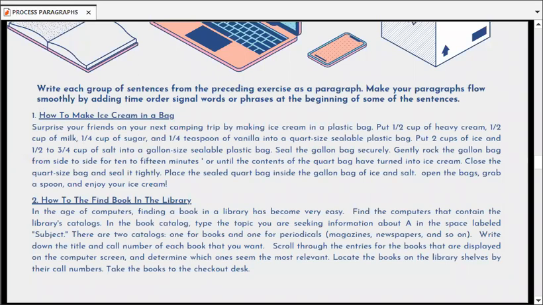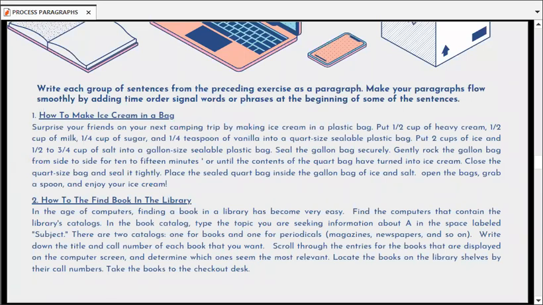Close the quart bag and seal it tightly. Place the sealed quart bag inside the gallon bag of ice and salt. Open the bag, grab a spoon, and enjoy your ice cream.